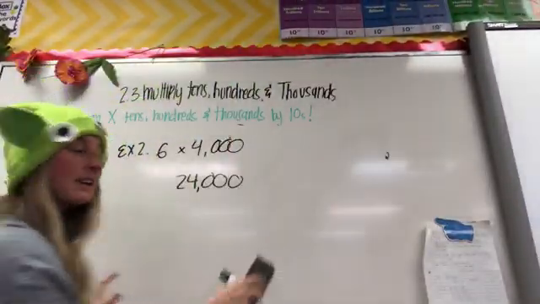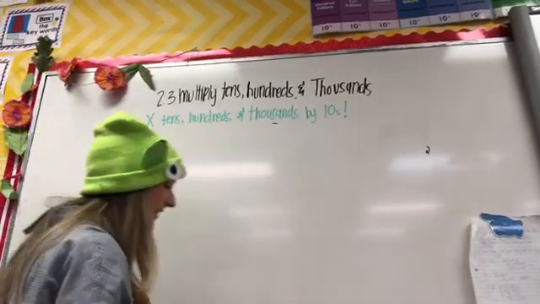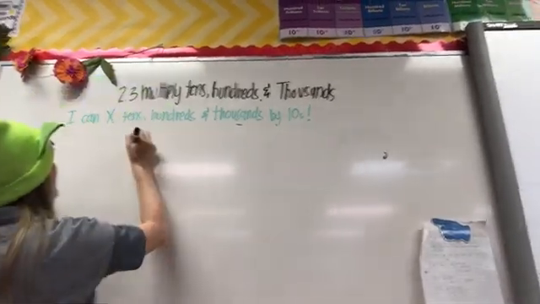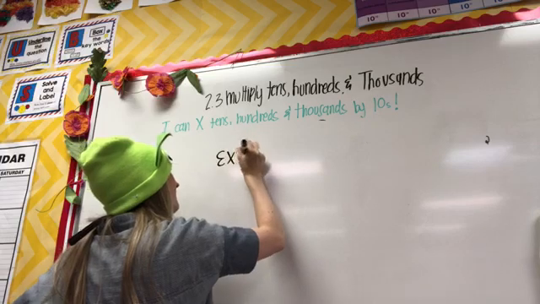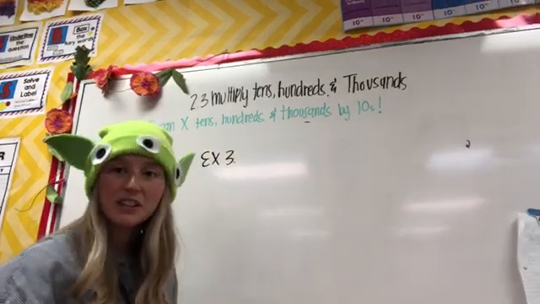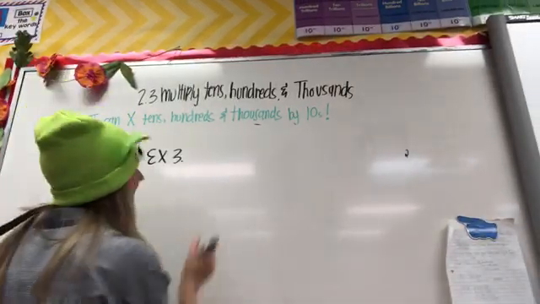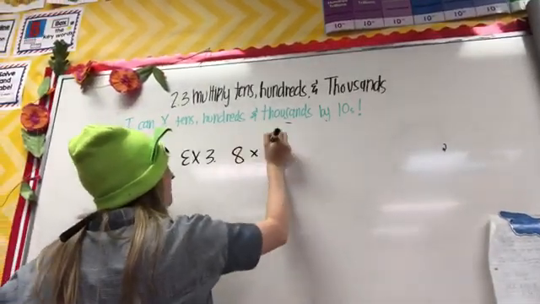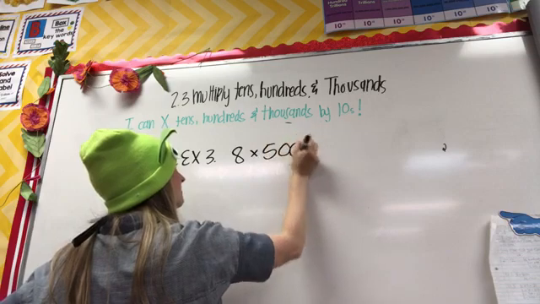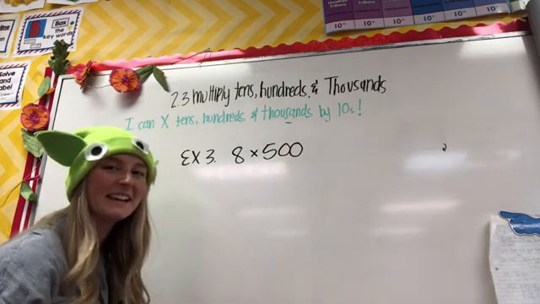All right, let's do example number 3. This is the last one we're gonna do before a pause problem, so be watching. If I had 8 times 500, let's do it.